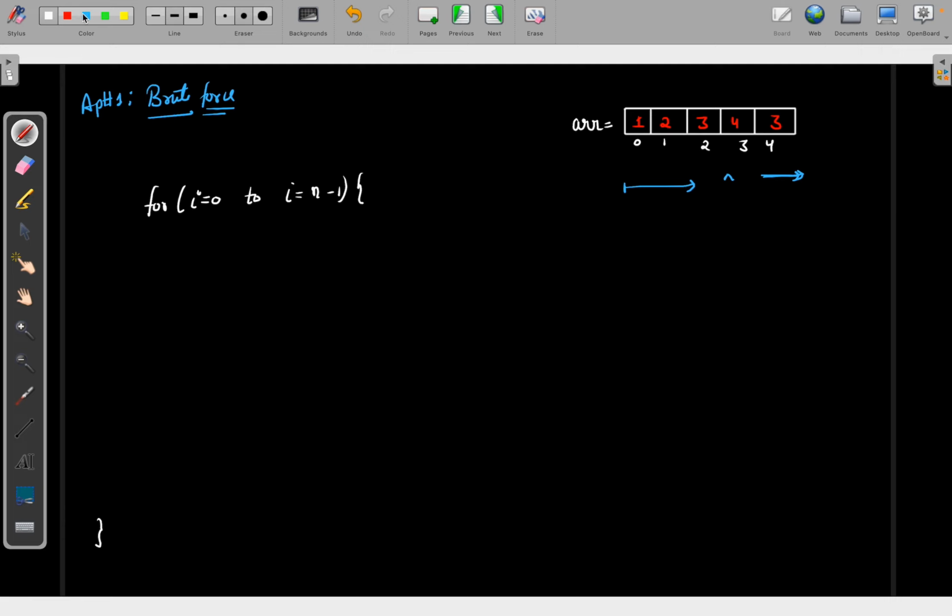This is my loop because I'm picking all the elements one by one. Now for each element, I will find out from j equals i plus 1 to n minus 1 if there is any number, the jth element, that is greater than my ith element.